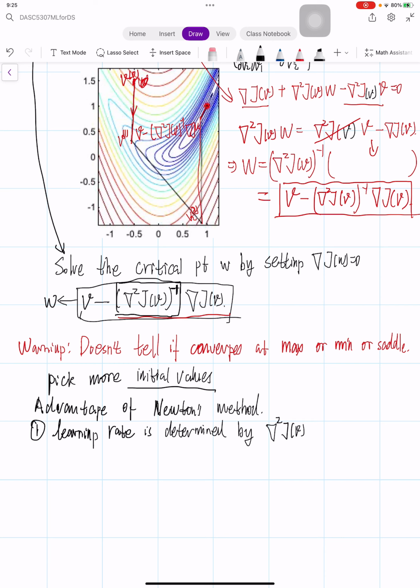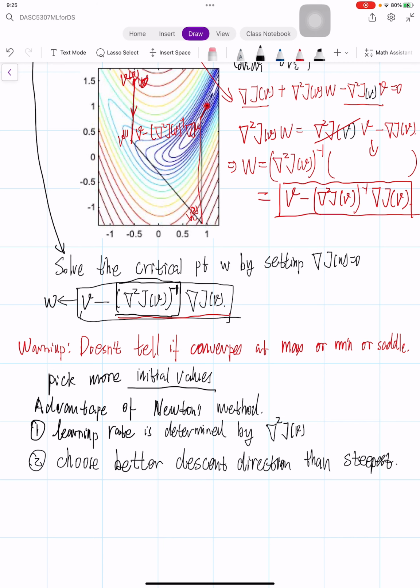Second, rather than follow the direction of the steepest descent, it tries to choose a better descent direction than the steepest direction.